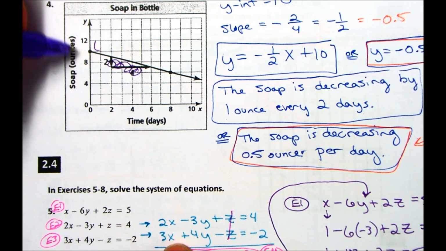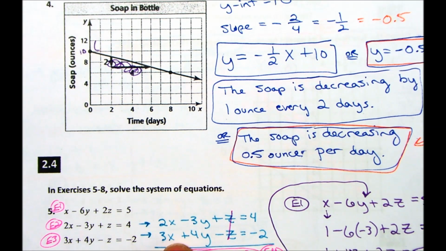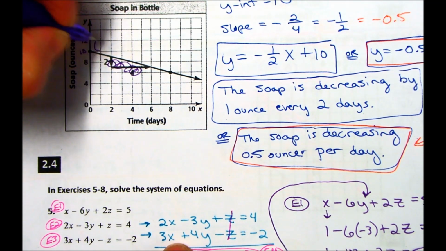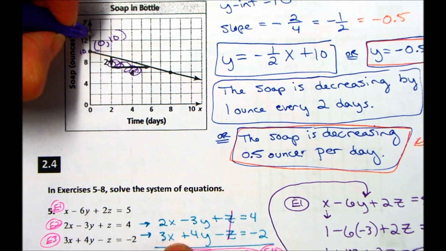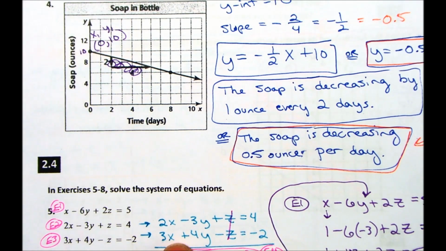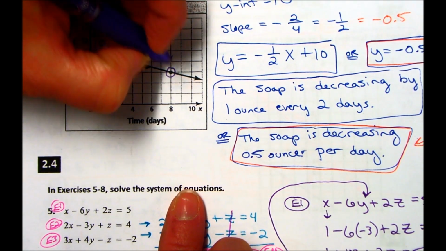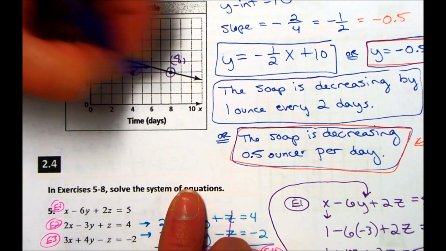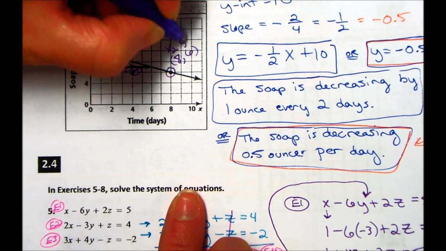So each line is going up by 2, which means this point is on 10 at the y-intercept, or the y-axis. So this is going to be the point (0, 10), and I'm going to use that for my x1 and y1. Then this point here has an x coordinate of 8 and a y coordinate of 6.